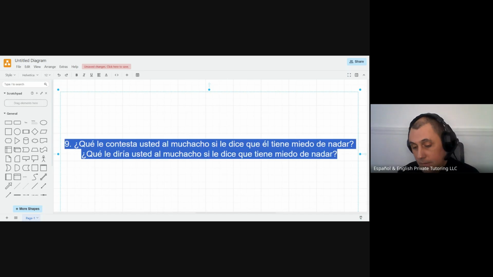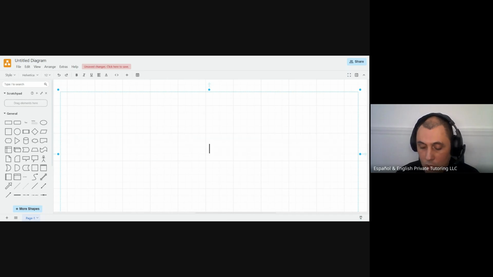And here they are asking you to translate who is going to buy books for the children. Okay. Now try to translate that into Spanish. You can use the translator if you need to. And when you're ready, continue with it.